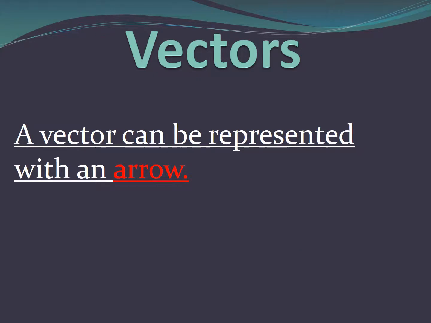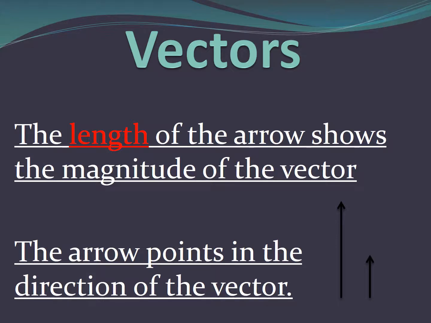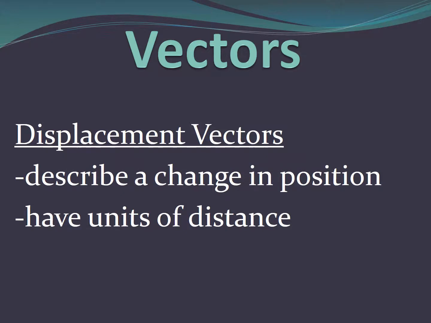A vector can be represented with an arrow. The length of the arrow shows the magnitude of the vector. So for example, the arrow on the left has a greater magnitude than the arrow on the right. Displacement vectors describe the change in position, and they have units of distance.